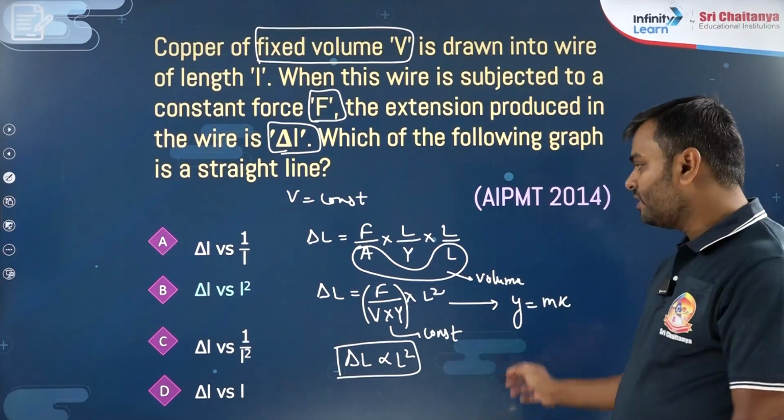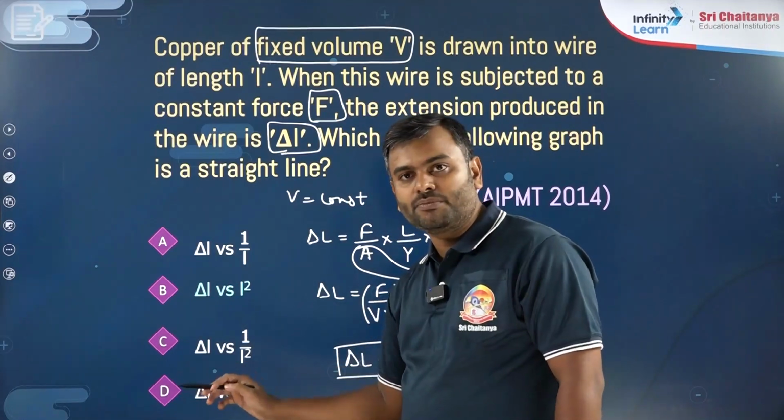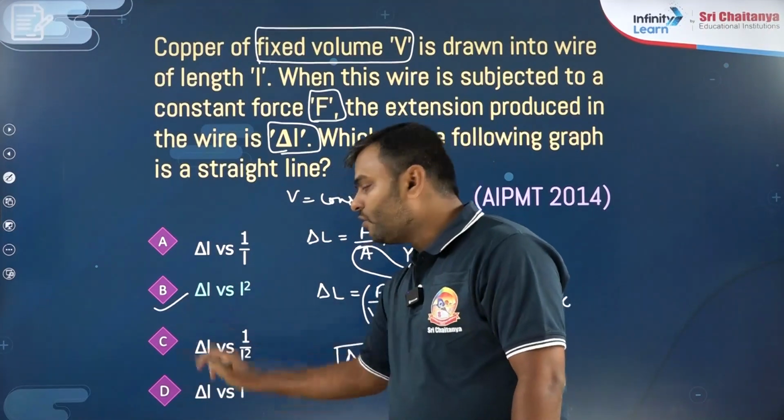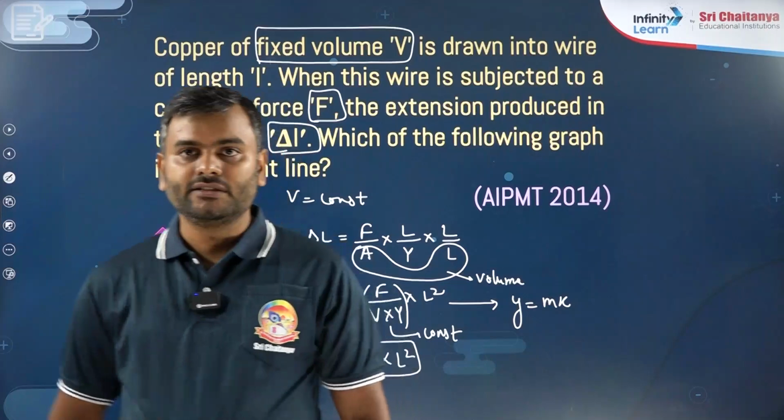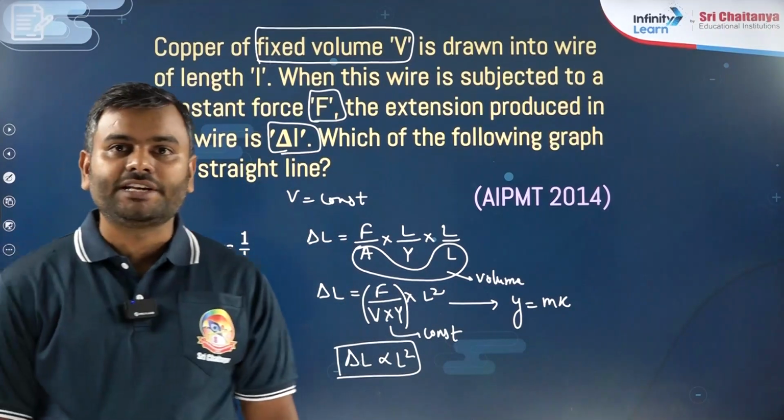So that will give you the straight line. And out of these 4 options, the B option is giving us the correct answer. Okay, so I hope you have understood this question. Okay, so let's move to the next question.